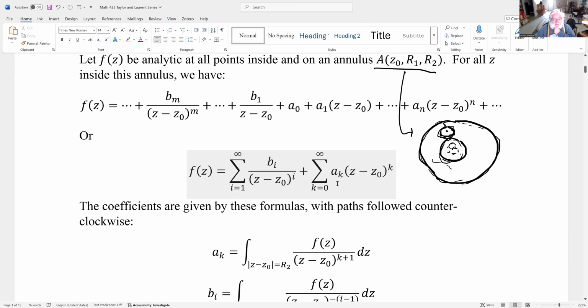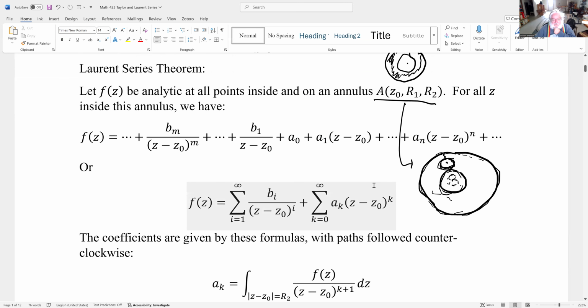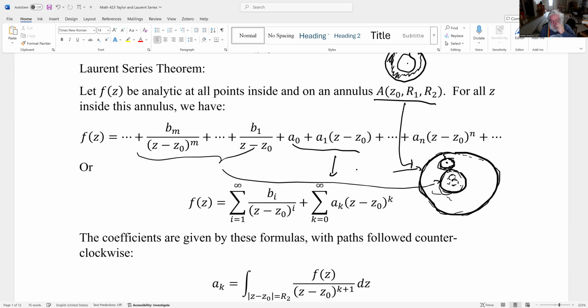And that's why we get these two different things, because this part comes from the integral around the outer ring, and then this part comes from the integral around the inner ring. The point is that if we do the same kind of thing, R2 is bigger than the modulus of z minus z0, and the modulus of the distance from z to z0 is bigger than R1.